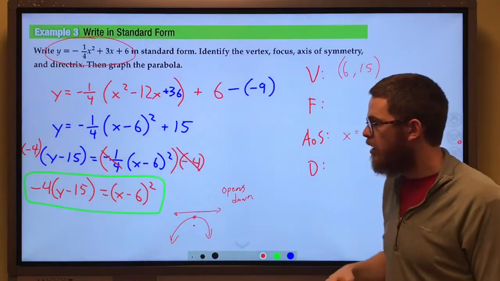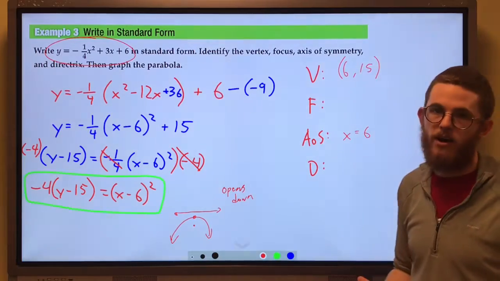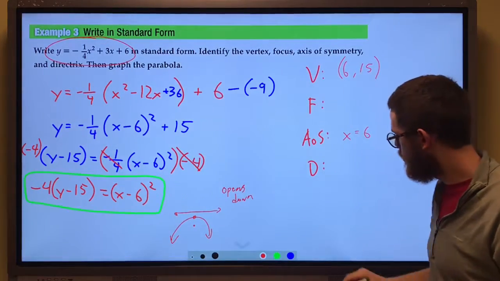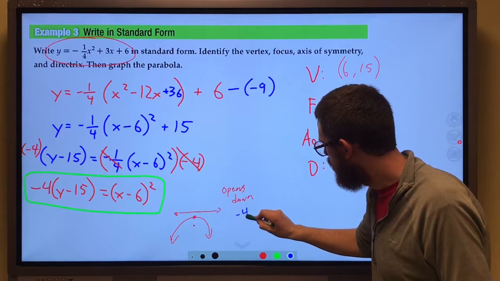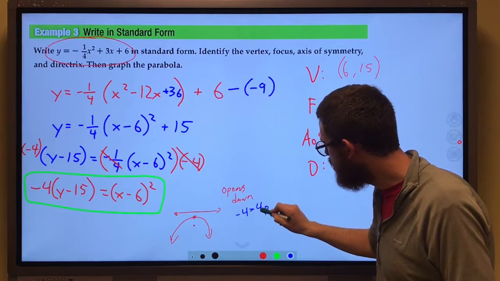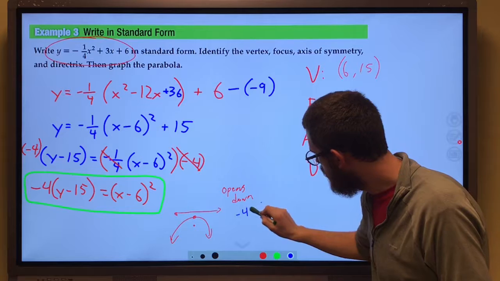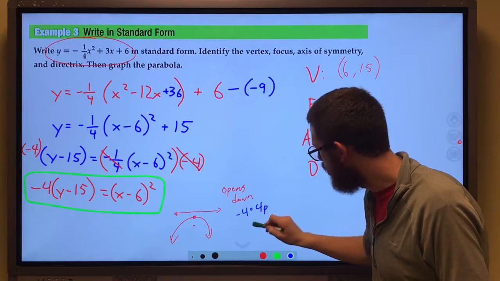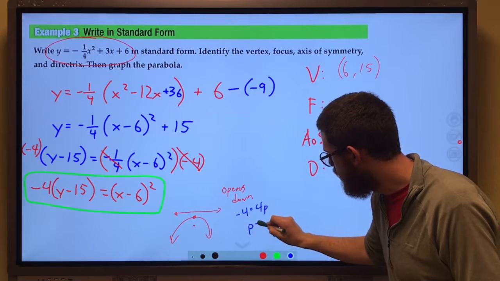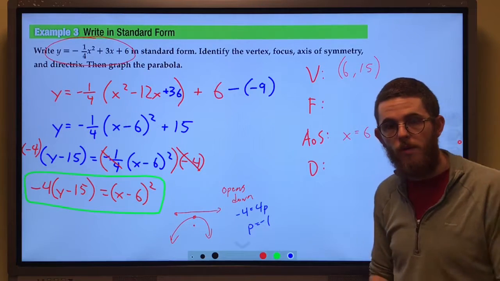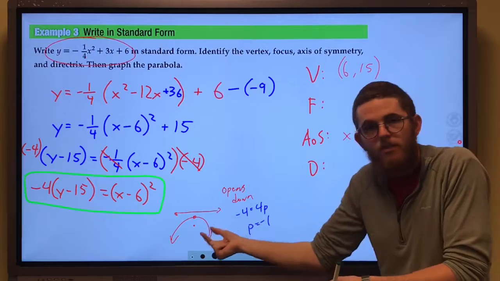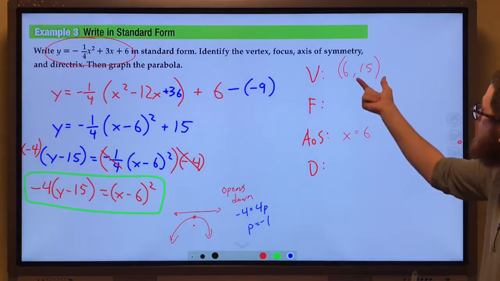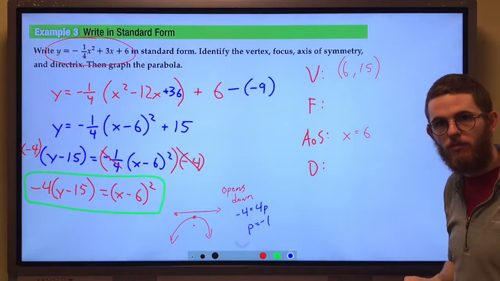All right. Now we need to know the p-value if we're going to get any further. So we take that negative 4, we set that equal to 4p. Probably do that in your head. p would be negative 1. Well, in order to find the focus, we add the p-value to the y-coordinate.